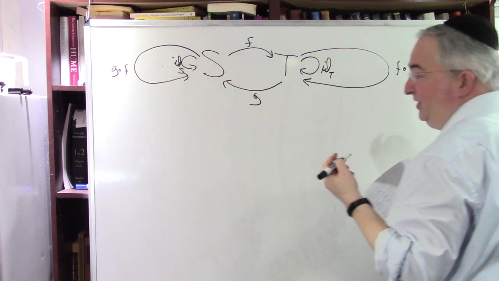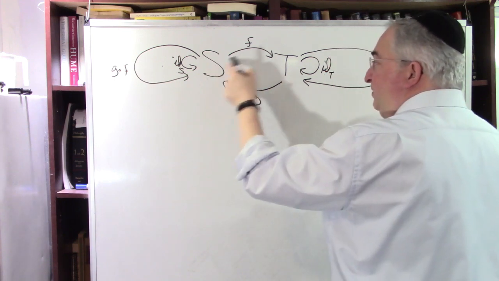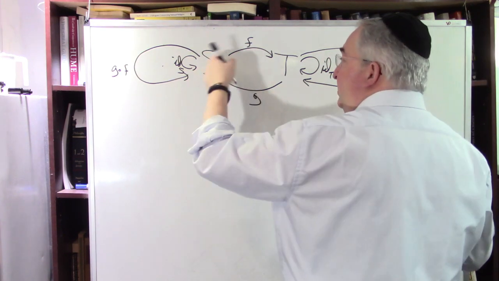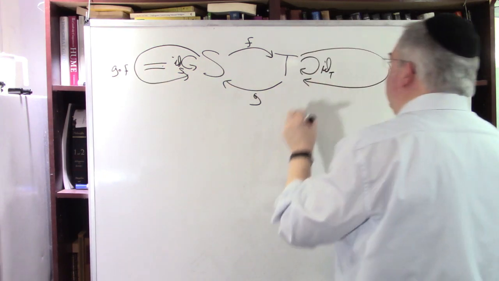And what does it mean for these two sets to be isomorphic? What does it mean for f to be an isomorphism? That there is this function g, such that this is equal and this is equal.